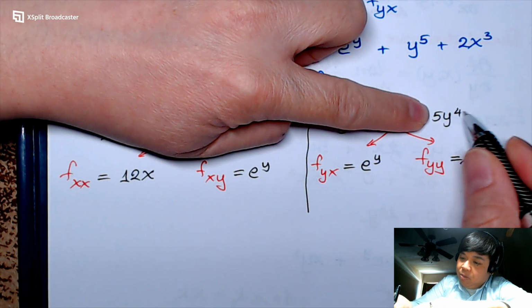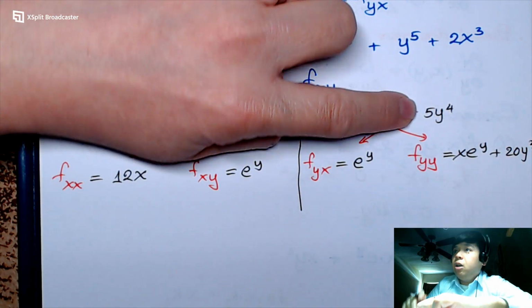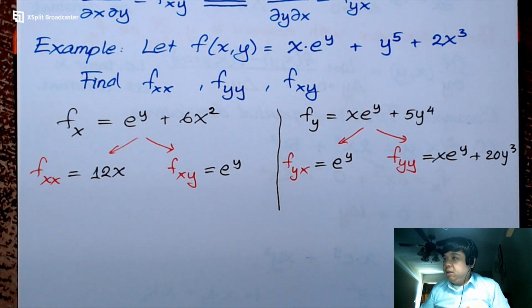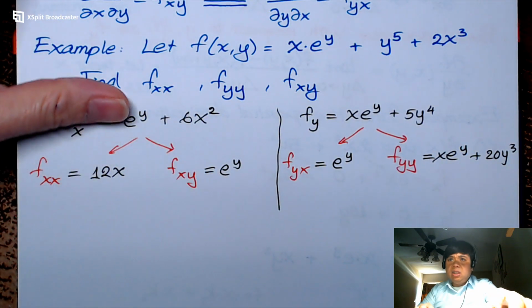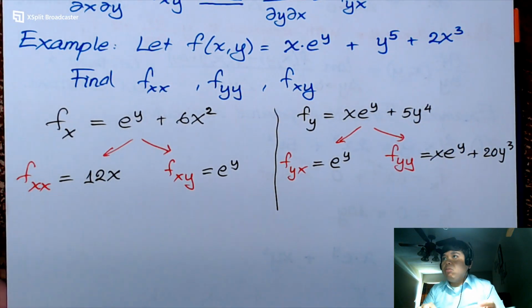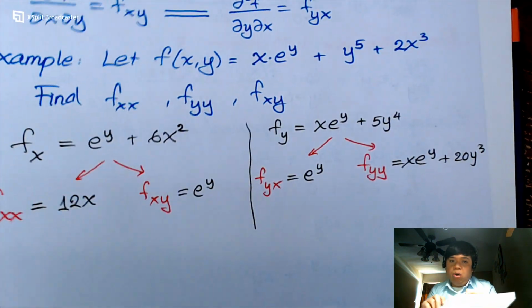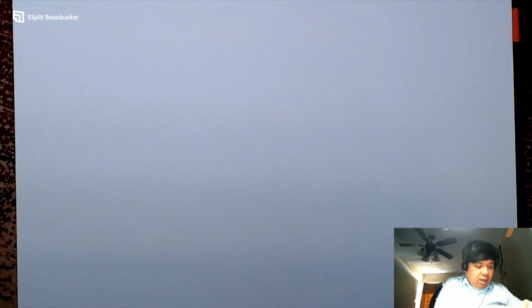And the derivative of this with respect to y is 20y cubed. So that is the second order partial derivative. Okay. So again, that's just the basic partial derivative. We will not need higher than this for this class. Okay. So that's it.